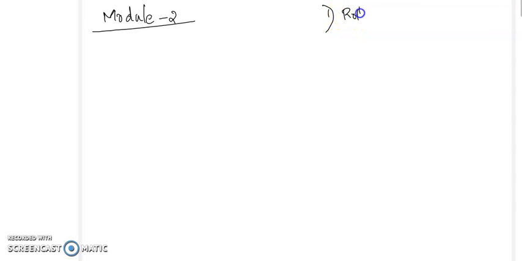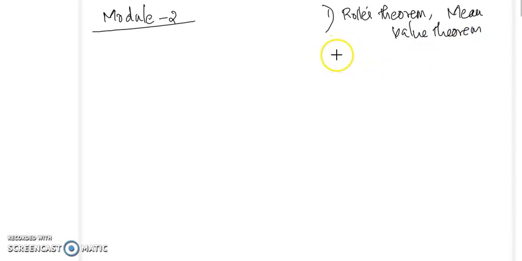So we will begin with Rolle's theorem and a few of its problems, and then we will look at the mean value theorem and associated problems. And secondly, in the module we will be looking at what are called indeterminate forms.